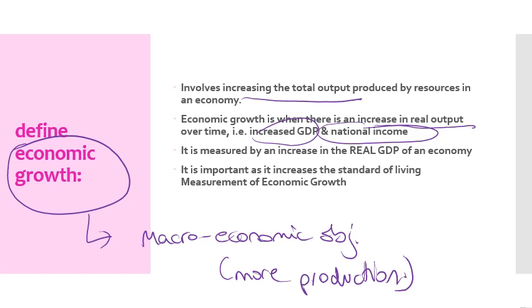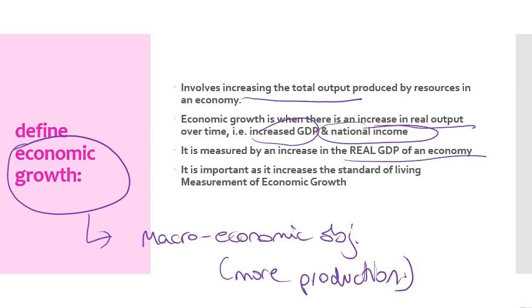And now we'll see why the national income, the expenditure, and the output are related to each other. And it is measured by an increase in real GDP of an economy, and it is important as it increases the standard of living measurement of economic growth.